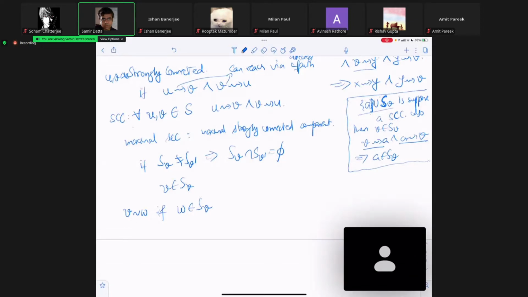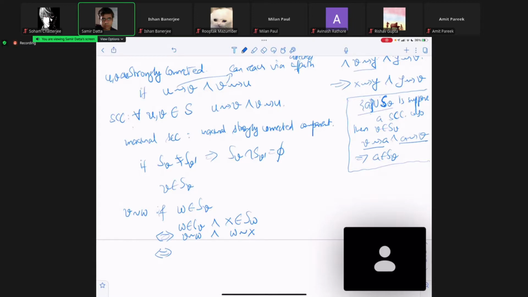Now, if W belongs to SV and X belongs to SW, which is the same thing as saying that V is related to W and W is related to X. Now we have to prove that V is related to X.